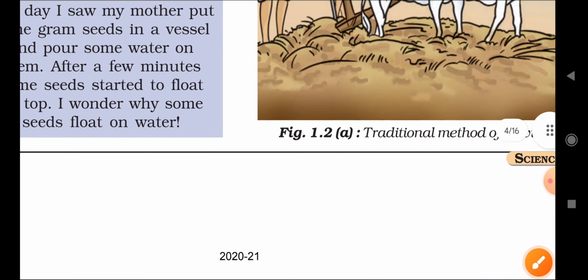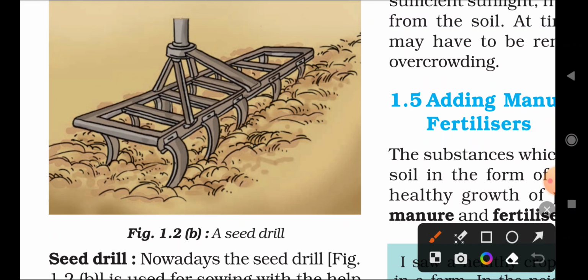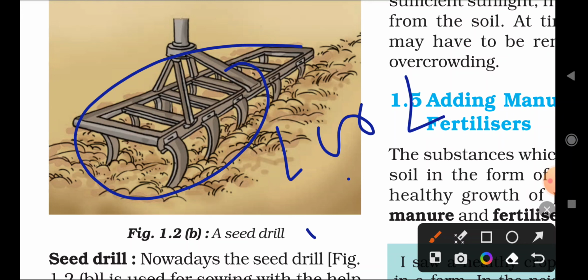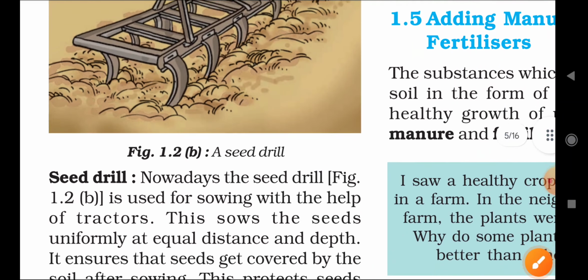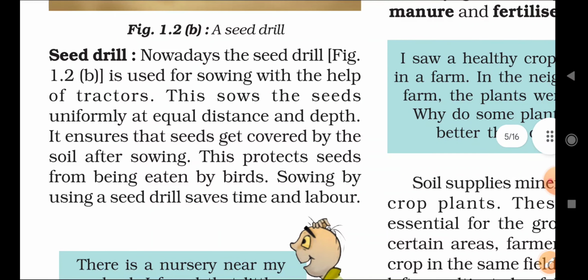But the same amount of field, 1 hectare or an acre of land, is sowed within 1 or 2 hours by the tractor using a seed drill. This is the main advantage of the seed drill used in the agricultural field. It reduces the labor work and saves the most important thing, time.